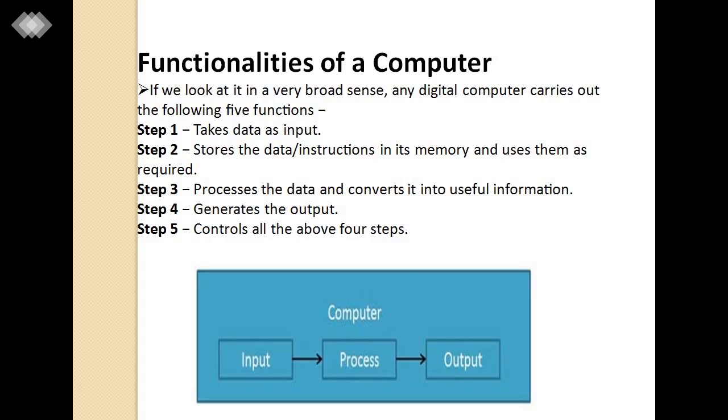Step 3, processes the data and converts it into useful information. Step 4, it generates the output, and the last step is to control all the above 4 steps. So these are the 5 steps on which the functionality of a computer is based, or you can say it is a definition of a computer.